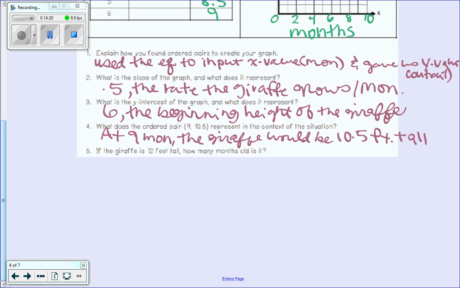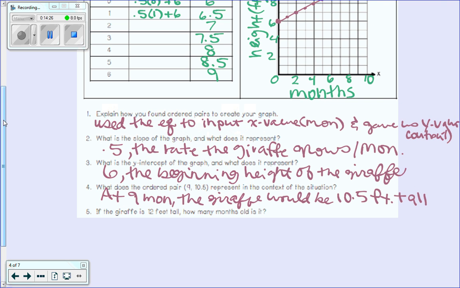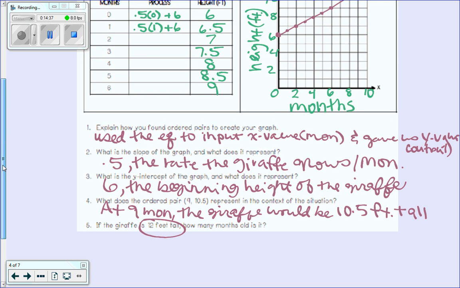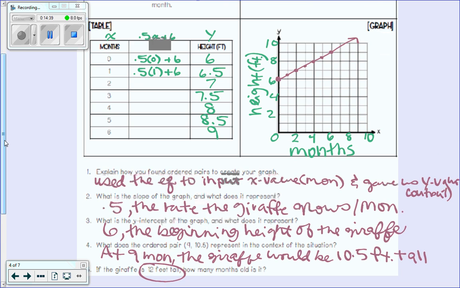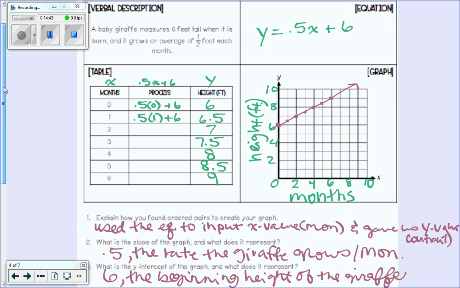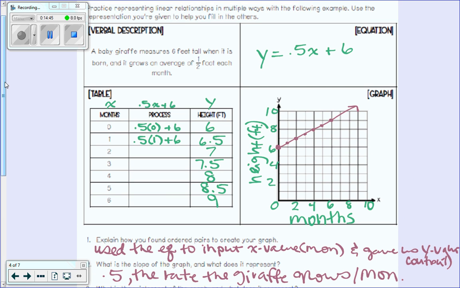If the giraffe is 12 feet tall, how many months old is it? So we're given 12 feet tall. 12 feet tall represents what? X or Y value? That's your Y value. Good. How can we figure that out? Which representation can help us?